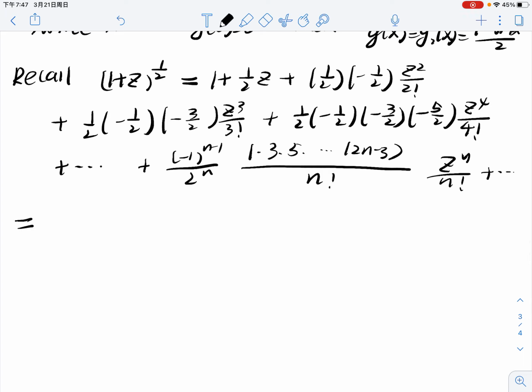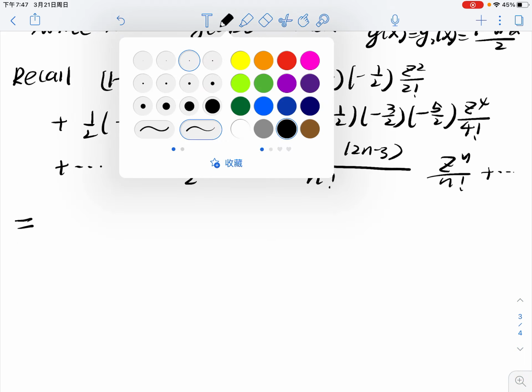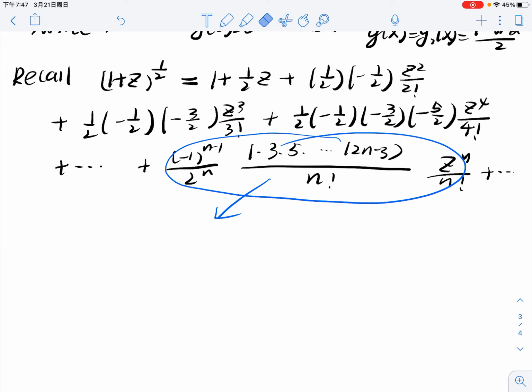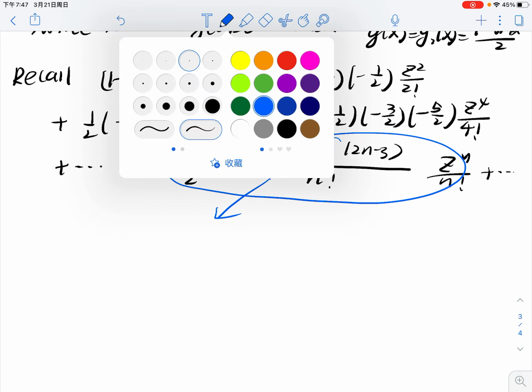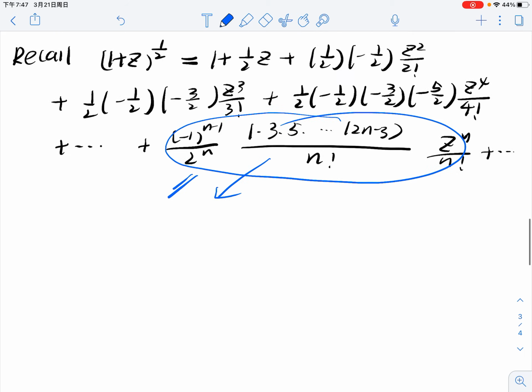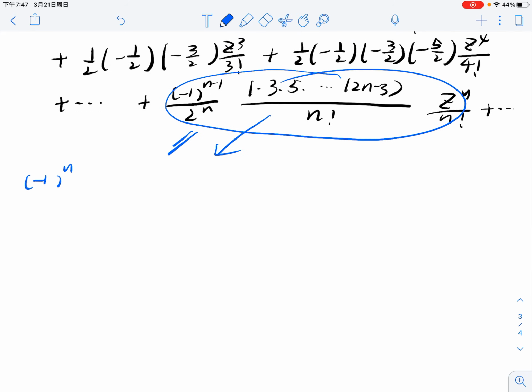Okay, let's simplify the generic term. The generic term is (-1) to the n minus 1 power, 2 times n.